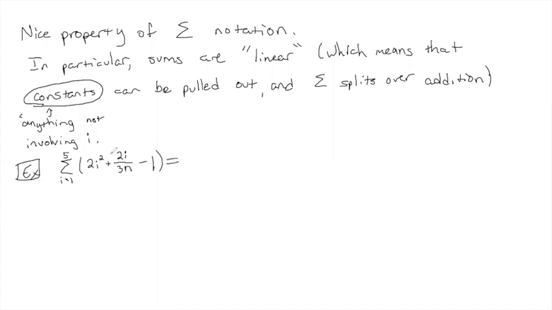All right, so what do I mean by splits over addition? Well, here's what I mean. That the sum of a sum is the sum of each individual piece.